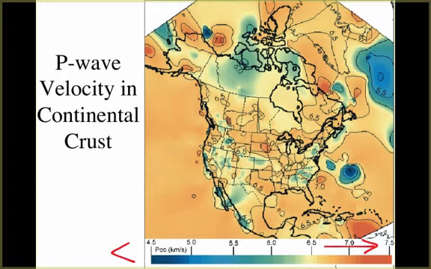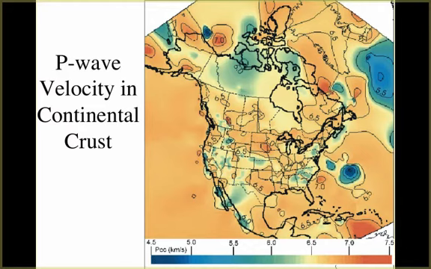What you'll see is that, for the most part, the Canadian Shield and the basins surrounding the shield, and the northern parts of the Appalachians, are all higher velocity parts of North America, corresponding to older and generally denser crust.